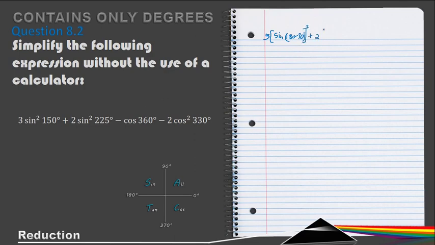So this is then sine 225. 225 is 180 plus 45. So this is sine 180 plus 45, that's all squared. Minus, now cos 360. So this is another one where we use the function's special angles.